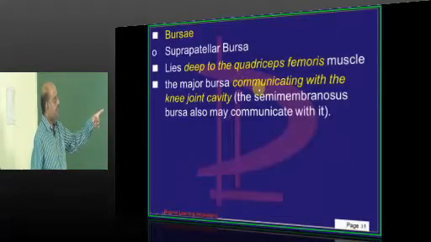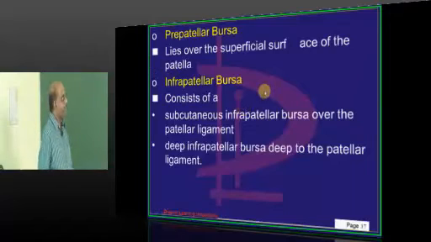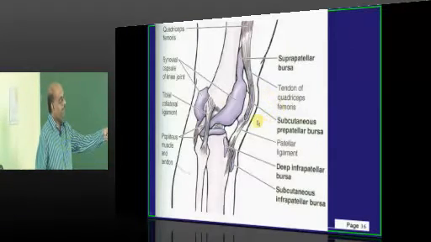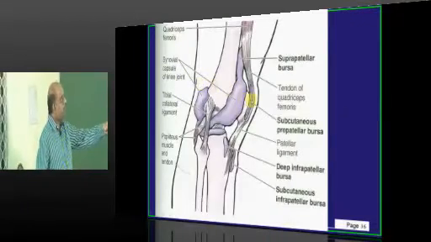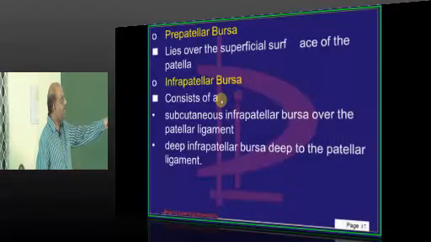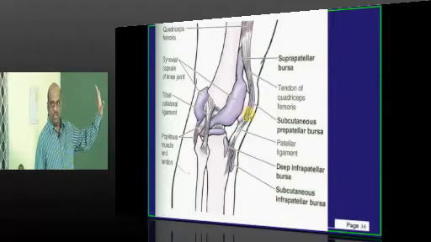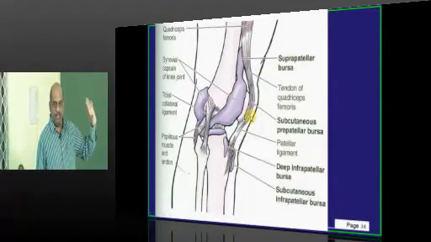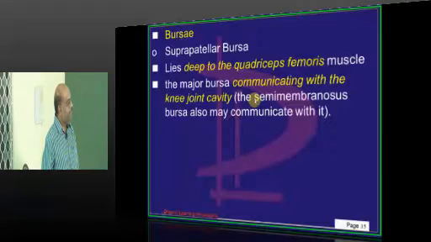Suprapatellar bursa communicates with the subcutaneous prepatellar bursa. Then how about the prepatellar bursa? You have one in the superficial subcutaneous location. That is the subcutaneous prepatellar bursa.